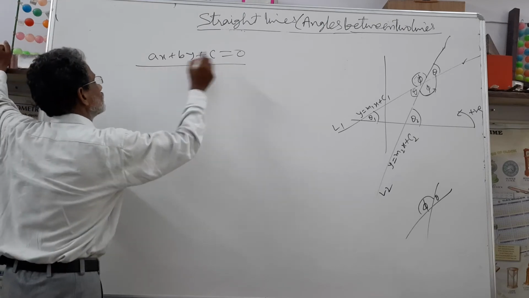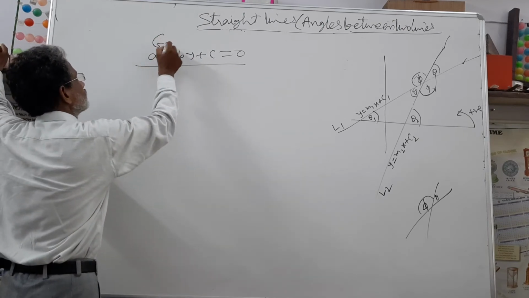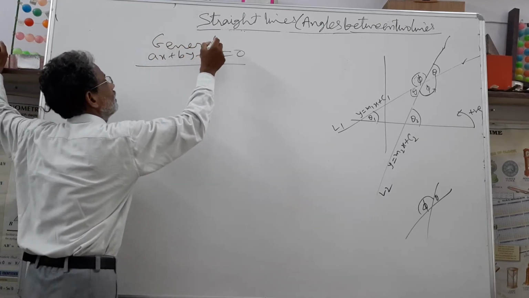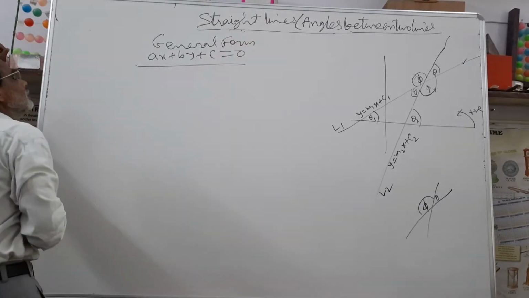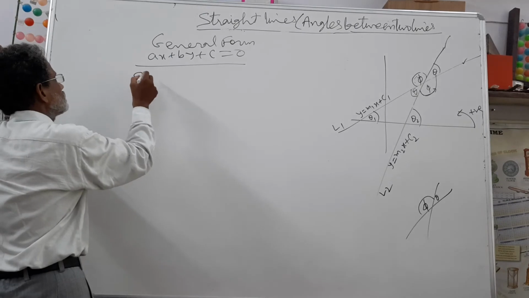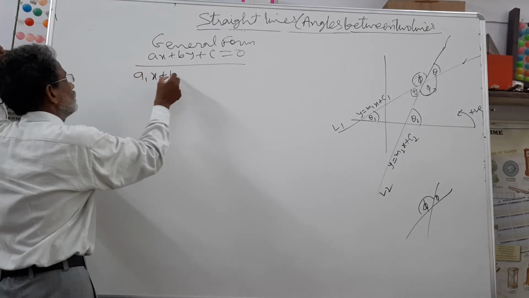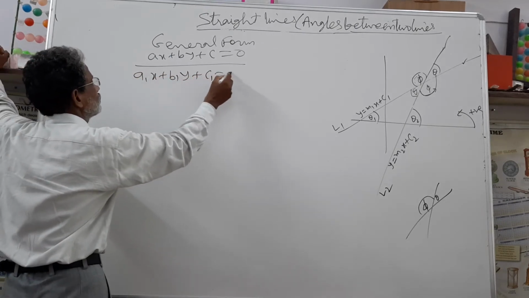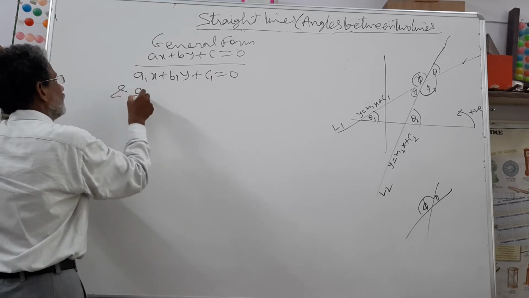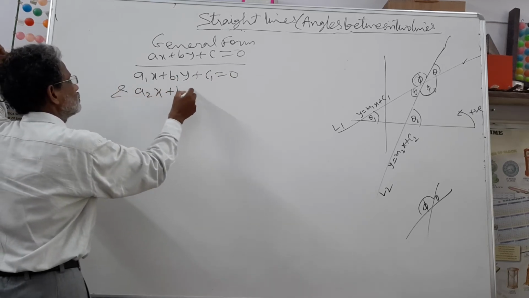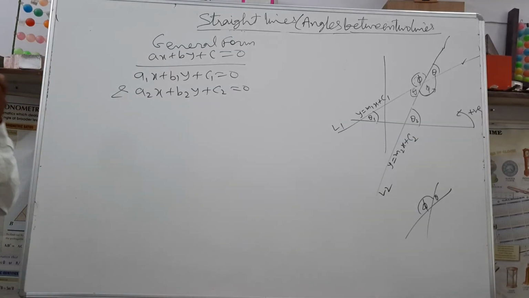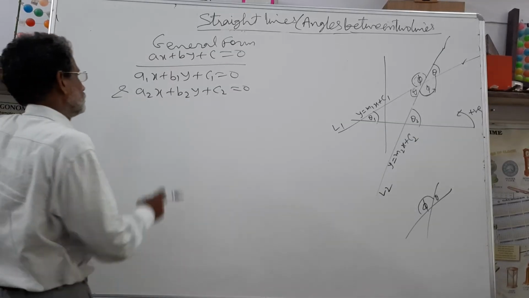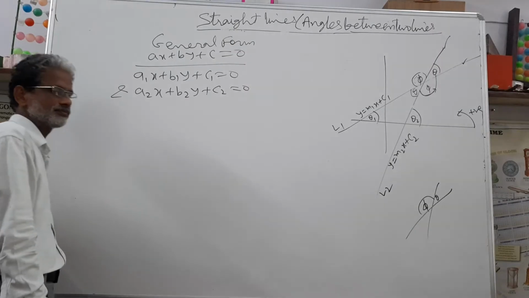This is the general form of a line. Let there be two lines, a1 x plus b1 y plus c1 is equal to 0 and a2 x plus b2 y plus c2 is equal to 0.